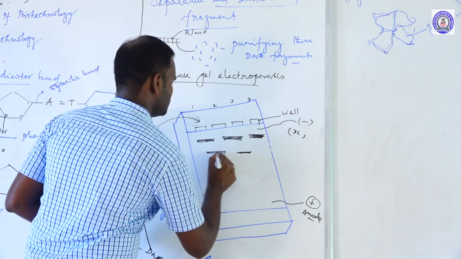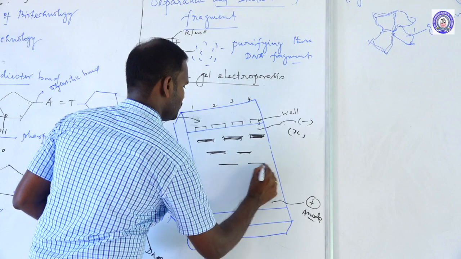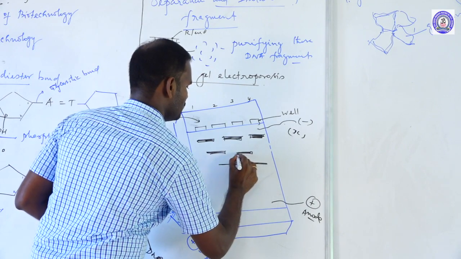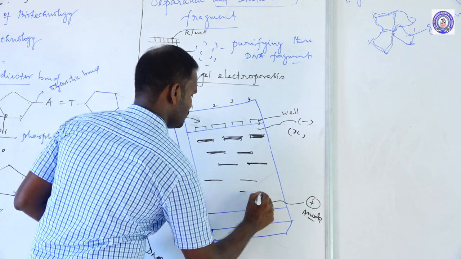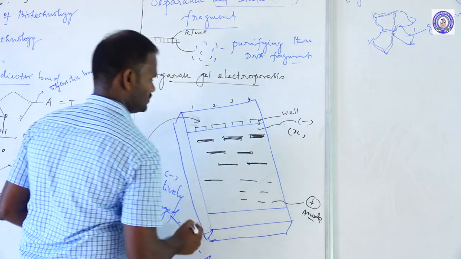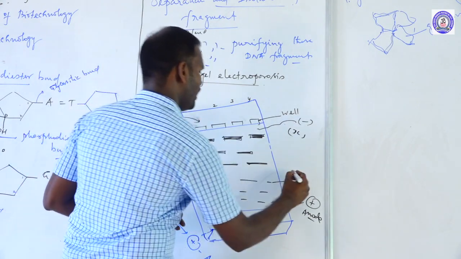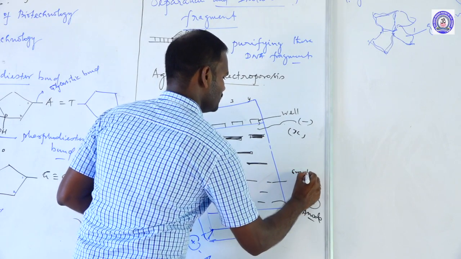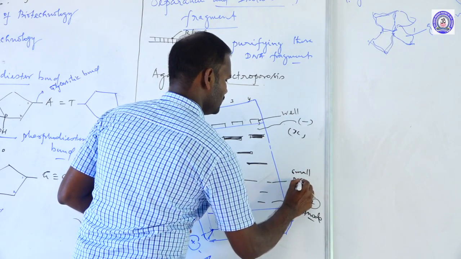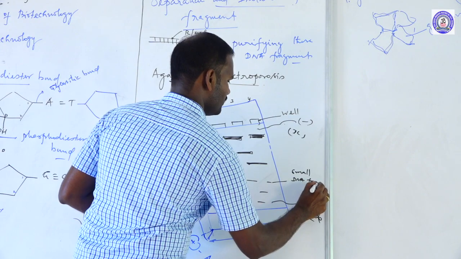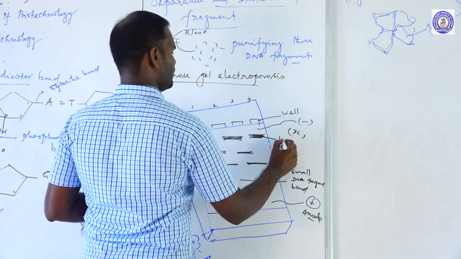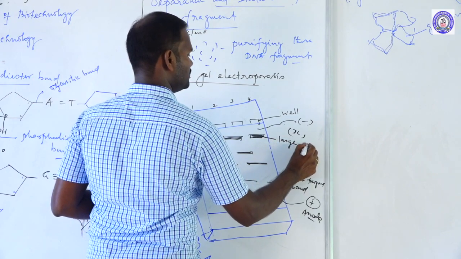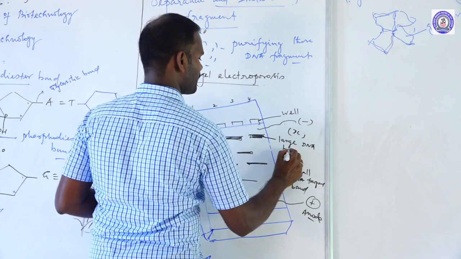Next, another size. These are the small DNA fragments, or bands. These are the large DNA bands.